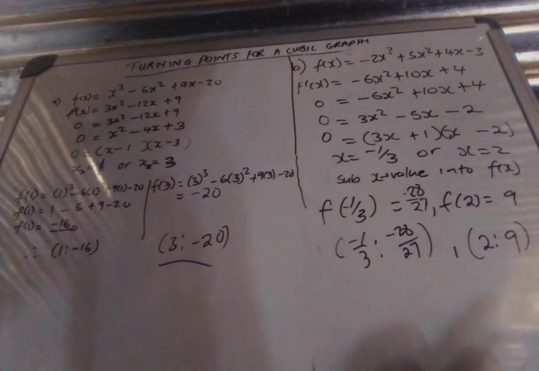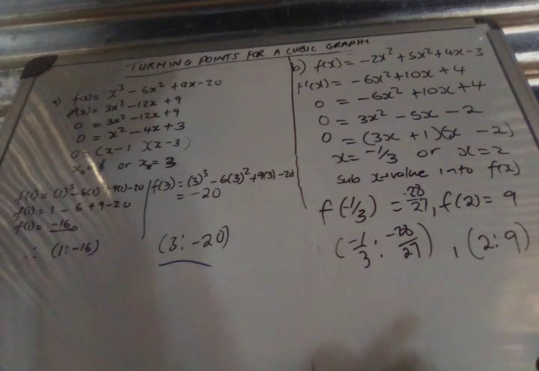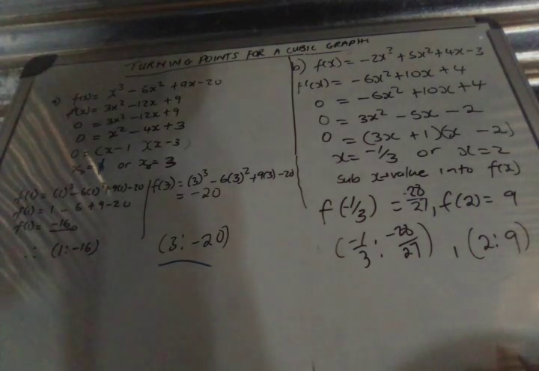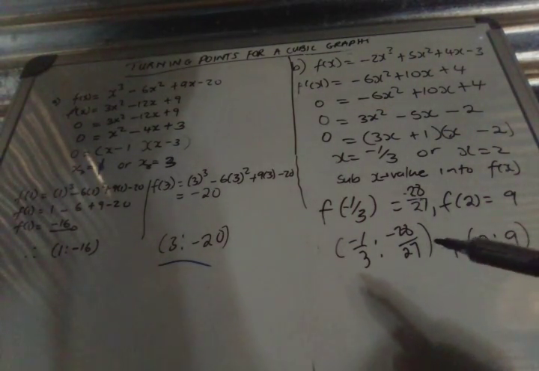Then from there we'd factorize. In one bracket we would have 3x plus 1, and in another bracket x minus 2. That would mean our x values would be x equals negative 1 over 3 or x equals 2.